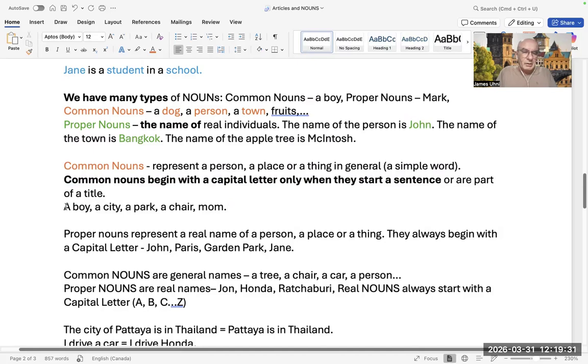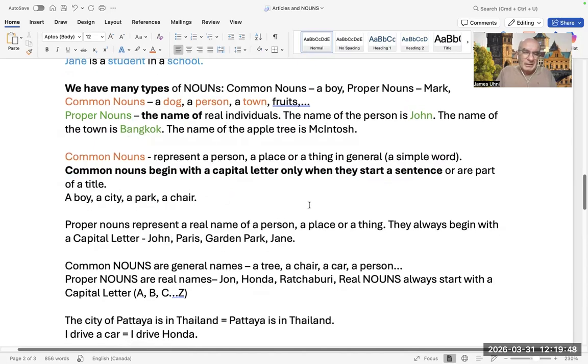So we have a boy, a city, a park, a chair. Okay, I will delete mom, because that is not exactly what should be at the beginning as an example.